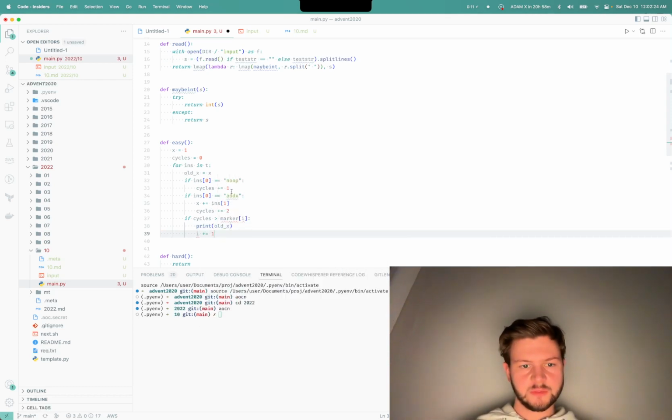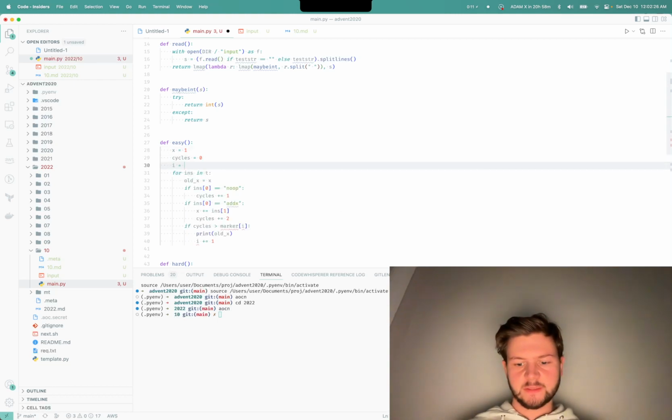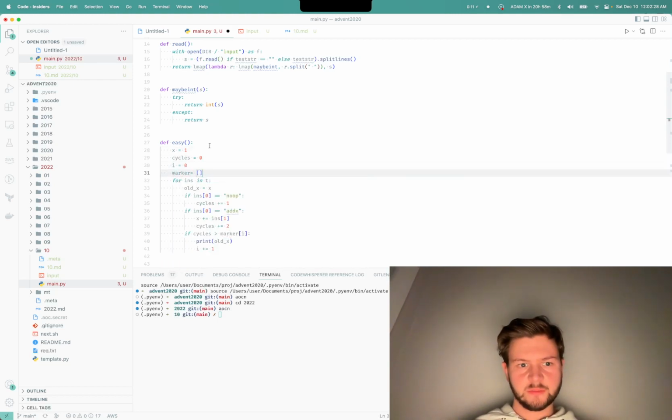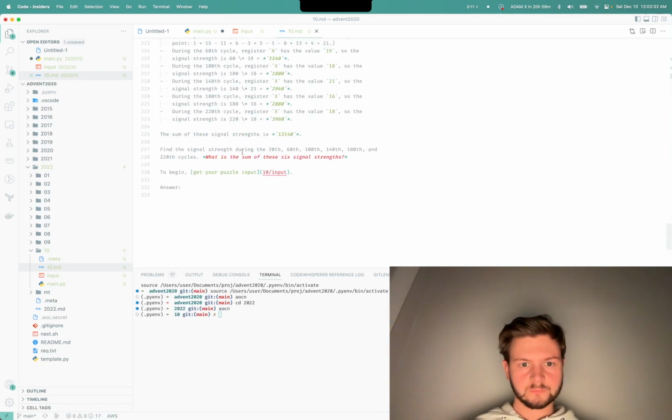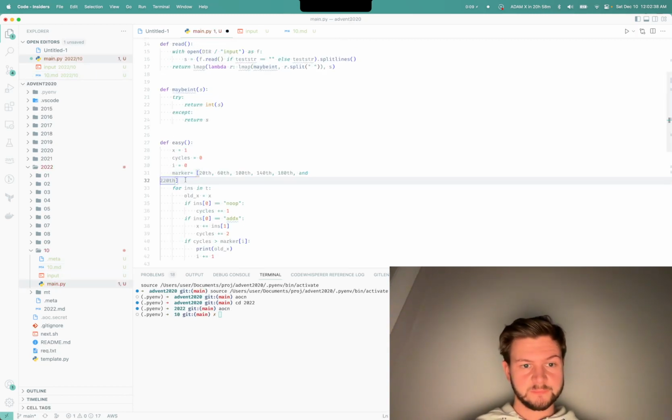I plus equals 1, I equals 0, marker equals. Interesting.